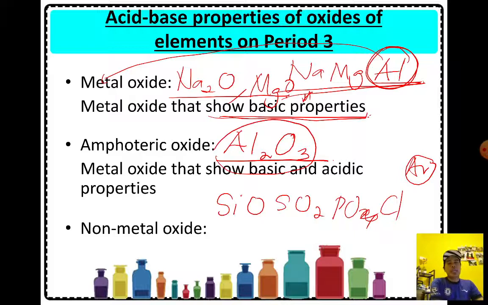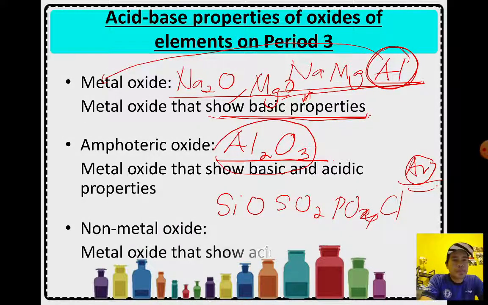argon adalah dia stable, dia telah mencapai susunan elektron oktet yang stabil. So argon tidak termasuk dalam non-metal oxide. Argon dalam period 3 ni dia tidak ada sifat kimia, no chemical properties.